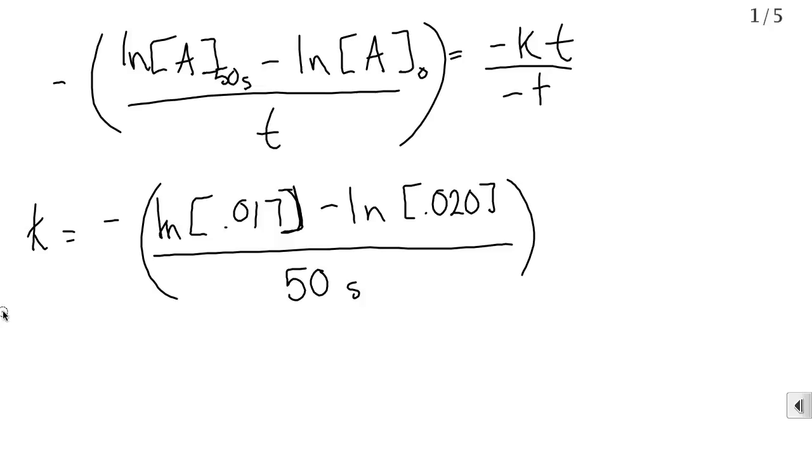Part of today's lesson is going to be you learning how to use your calculator. And then the units for k, because it's first order, is seconds to the -1, and it works out because you can see here it's seconds to the -1 because it's on the bottom of the fraction.